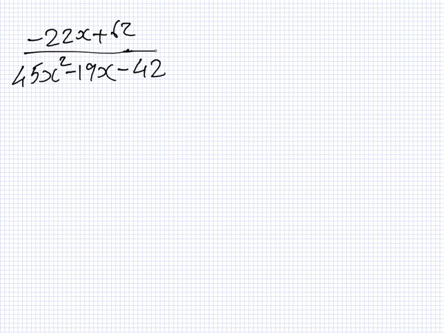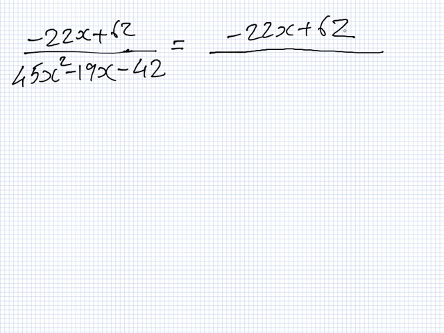Minus 22x plus 62 over 45x squared minus 19x minus 42. Right, so once again we shall factorize. Just the bottom, since the bottom's the only one with factors, I think. Well, I suppose 2 on the top.